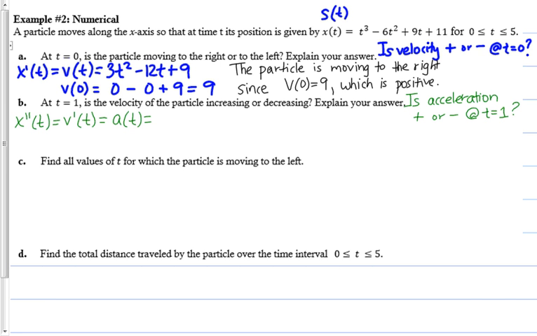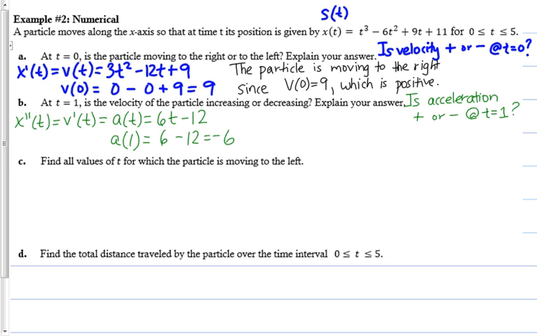So acceleration, let's see, my velocity function is up there, so 2 times 3, that's 6t minus 12. And I want to know, is it positive or is it negative at t equals 1? So I'm going to plug in the 1, and I get negative 6. So voila, it is negative. And whenever acceleration is negative, that means velocity is decreasing.